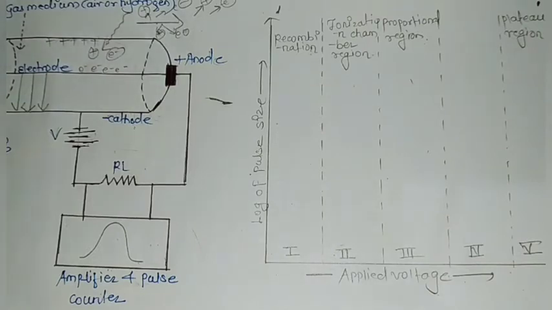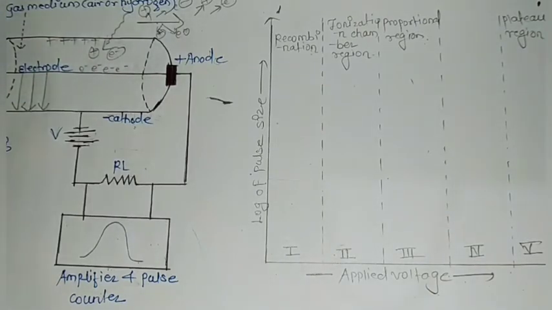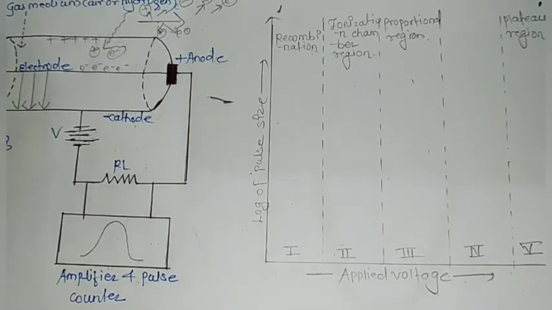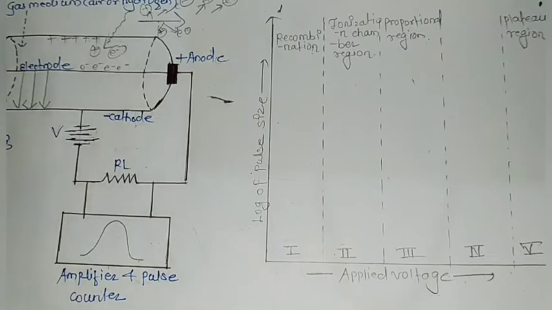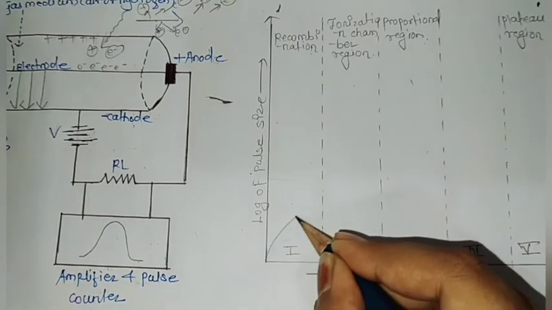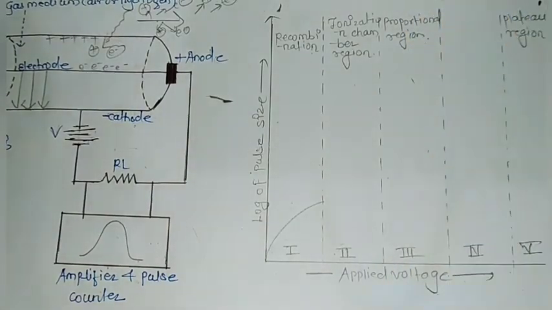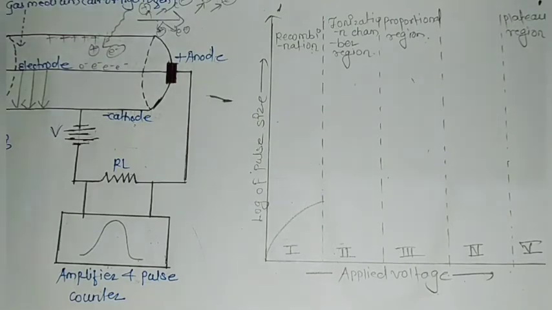So what happens is that when you increase the voltage, the current pulse also increases along with it. This dotted line basically represents that particular voltage at which recombination becomes almost negligible, and all the electrons and ions created during primary ionization end up contributing towards the current pulse.